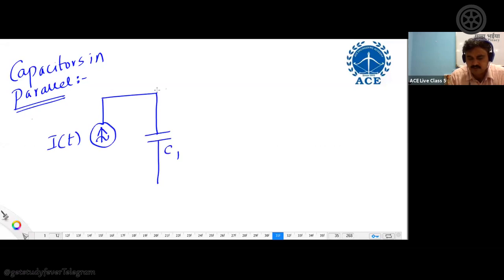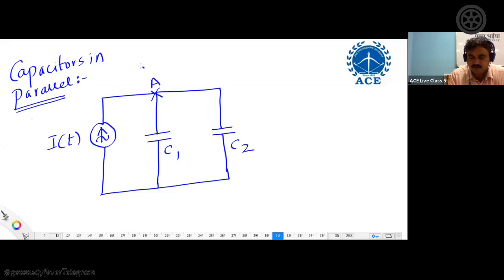So let us say C1 and C2. They are connected between the same set of nodes, and let the voltage at node A be V of t. So all these three branches are connected with respect to terminals AB. All these three are in parallel.